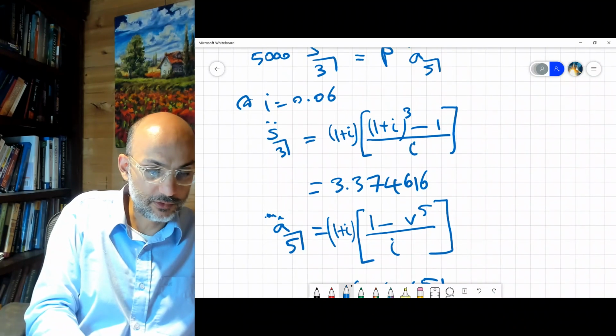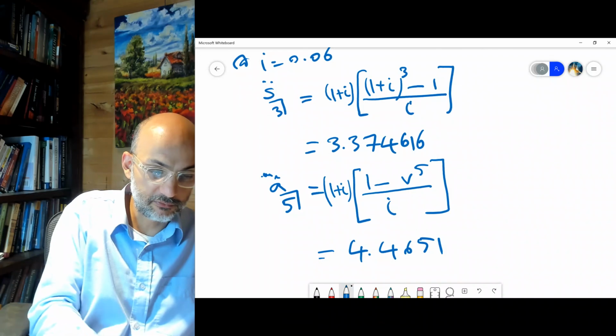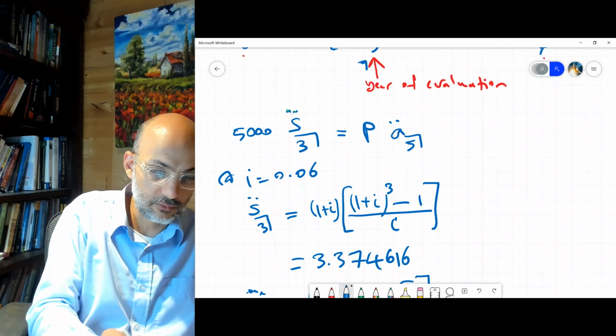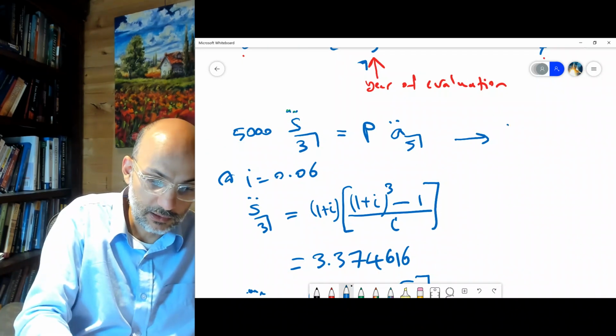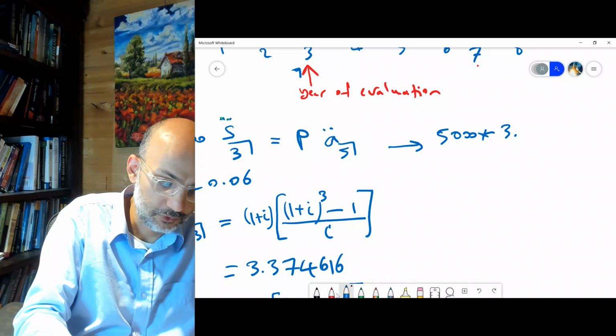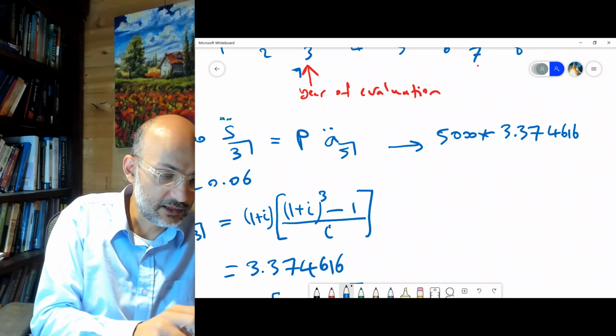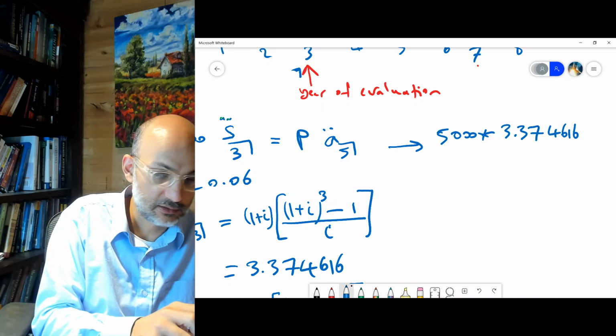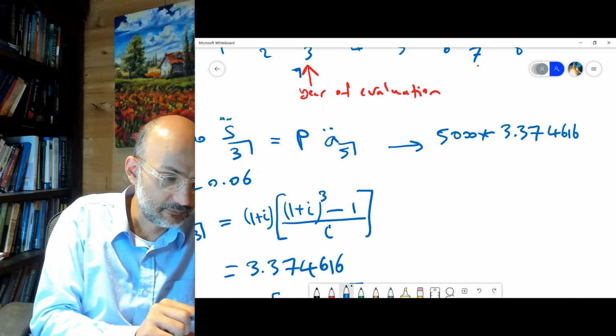So now we have everything needed. We take this one here, so it becomes 5,000 multiplied by 3.374616. I do it immediately in the calculator because I kept the answers, so I don't need to do it again.